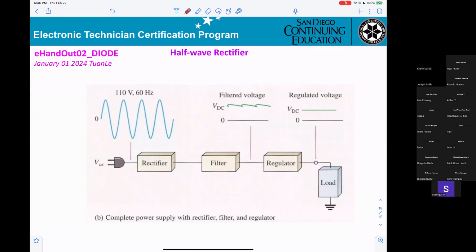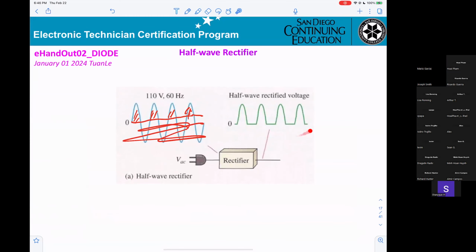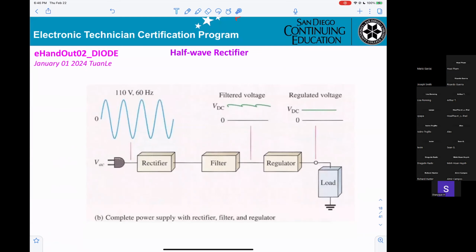Okay, try to see what this looks like. This is a sideway coming in. When they come out, same thing here, after the rectifier. Then they go through the filter. What does that mean? When you go to the filter, they try to get the DC voltage.